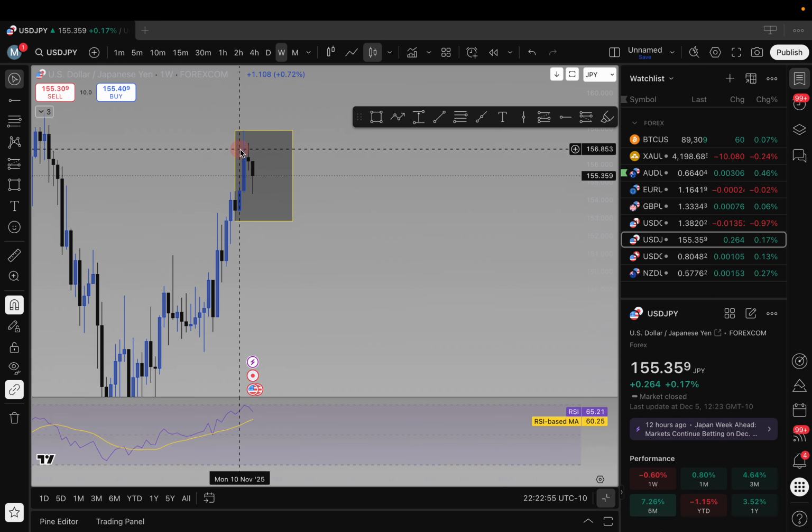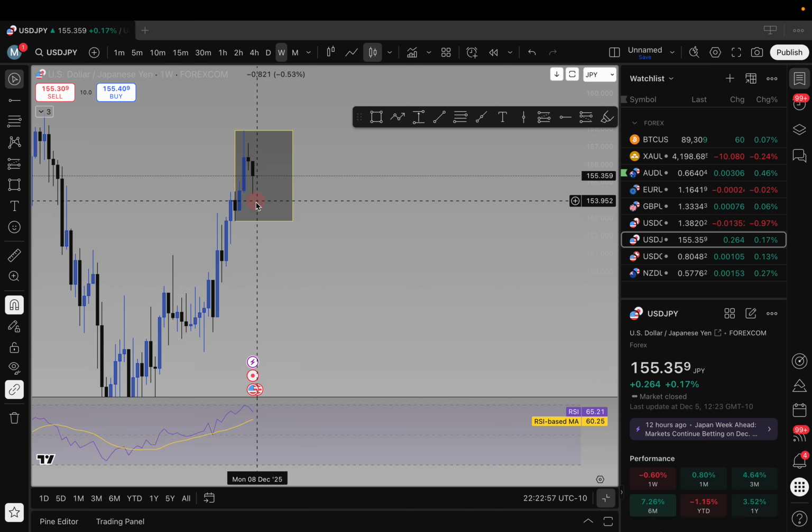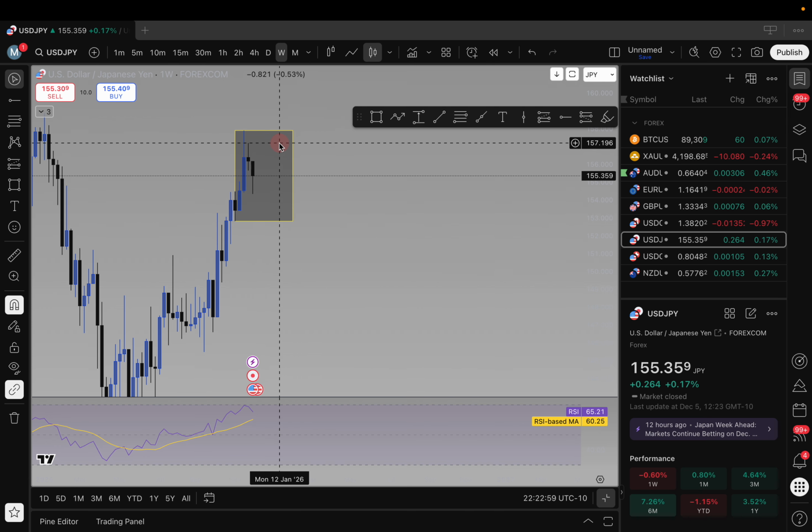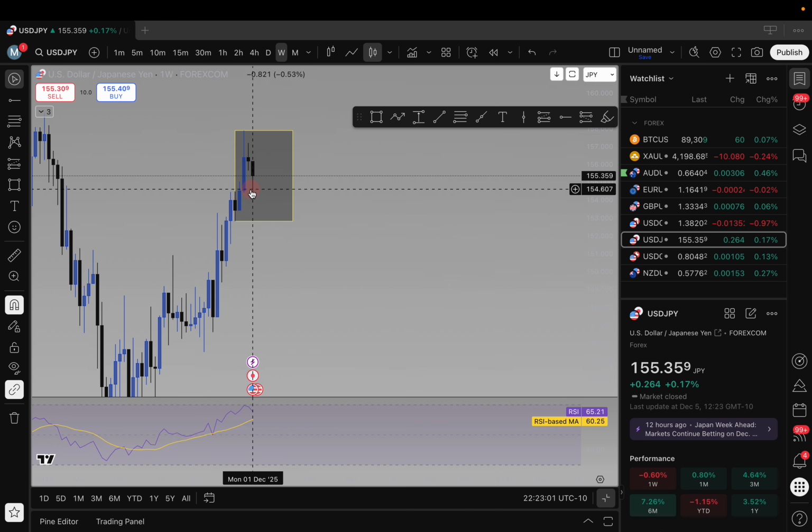Alright, we are on a bullish. We're still on bullish. So weekly tapped this POI, and it started to move up, but because we're on a bearish, we're not taking any trade.